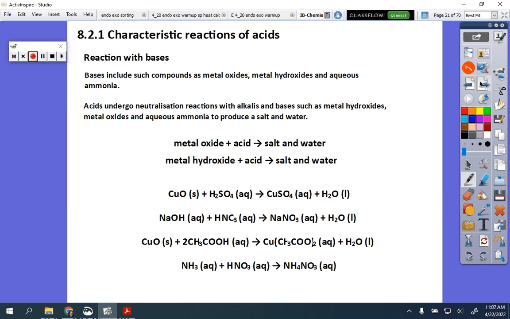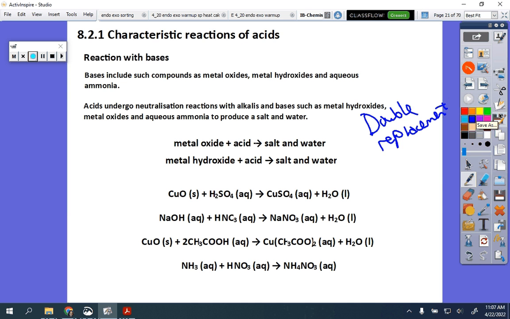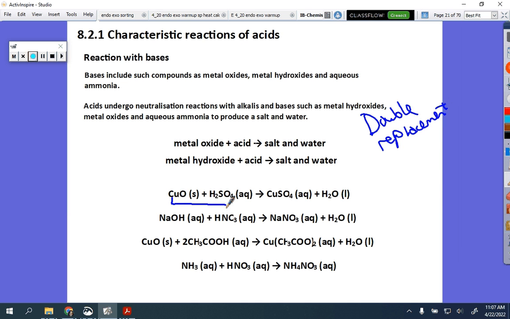If we react it with sulfuric acid, these are going to be double replacement reactions, and knowing that helps you predict the products. So our copper is going to get together with the sulfate to make copper sulfate, and our hydrogen is going to get together with the oxygen to make water.